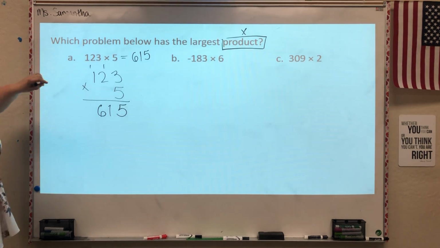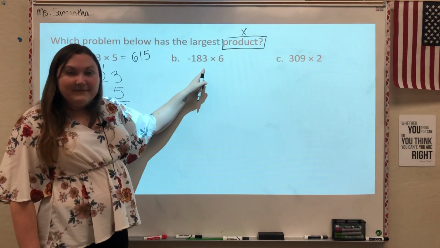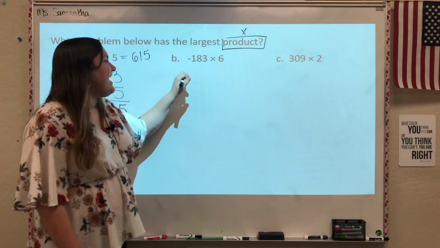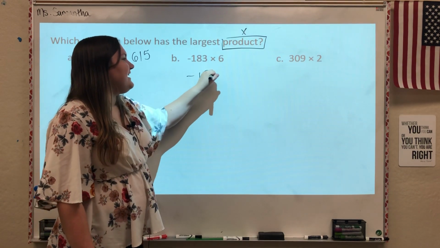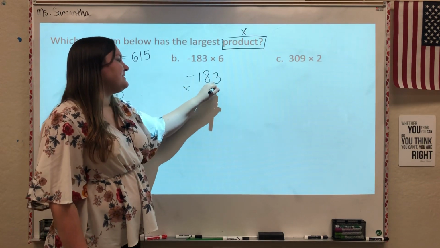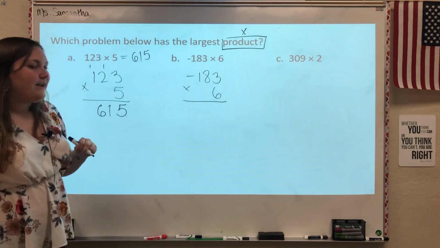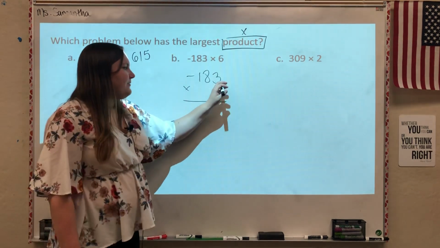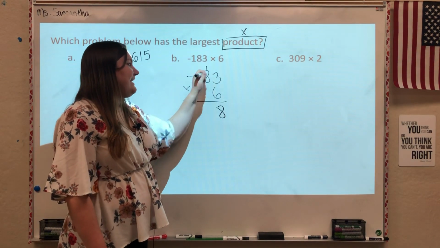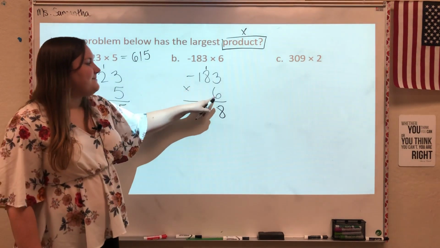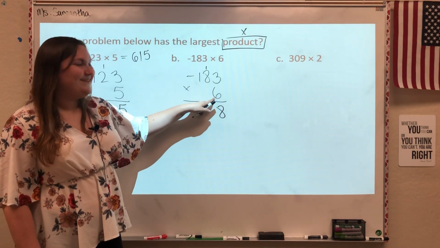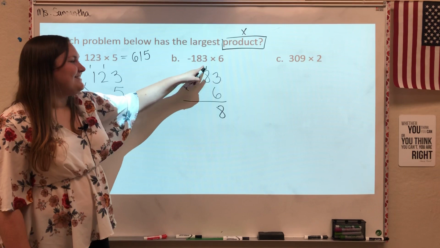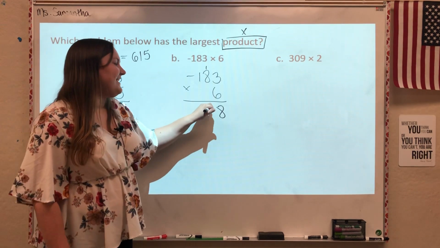Continuing on with our problem, we got 615 for this first one. I'm going to come over here and do the same thing for the second one. Negative 183 times 6. When I go to multiply this one, 3 times 6 gives you 18. 8 times 6 gives you, do you know? 48, plus the 1 gives you 49.